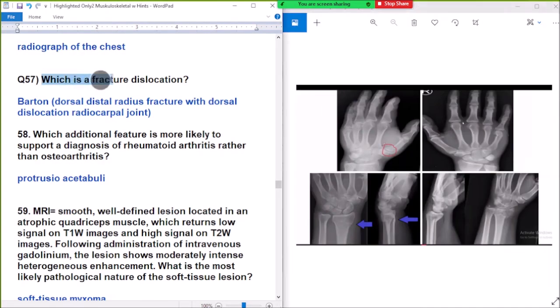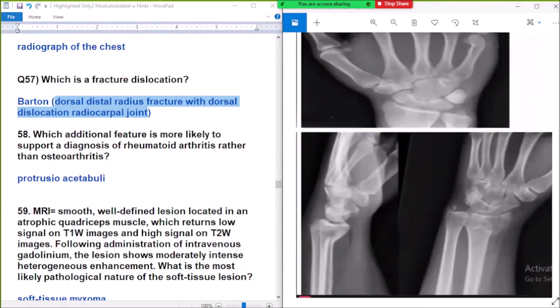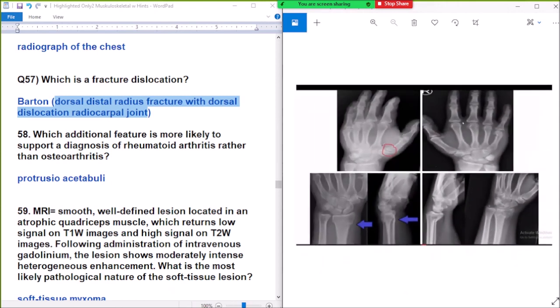Remember that among fracture dislocations, Barton fracture is a dorsal distal radius fracture with dorsal dislocation of the radiocarpal joint. The radius is going dorsally, so Barton fracture is the fracture dislocation.